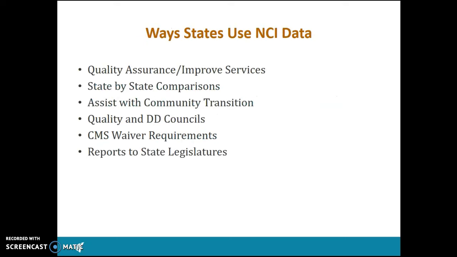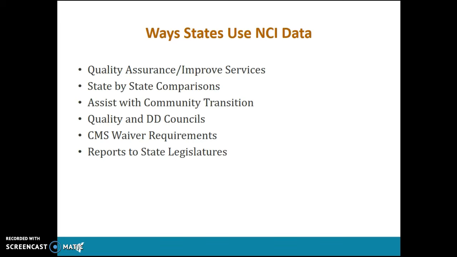So states use NCI data in a whole host of ways. These are just the major buckets of how data are used, though. Largely for quality assurance and to improve services for individuals with disabilities and their families, to make those state-by-state comparisons, to assist with community transition.